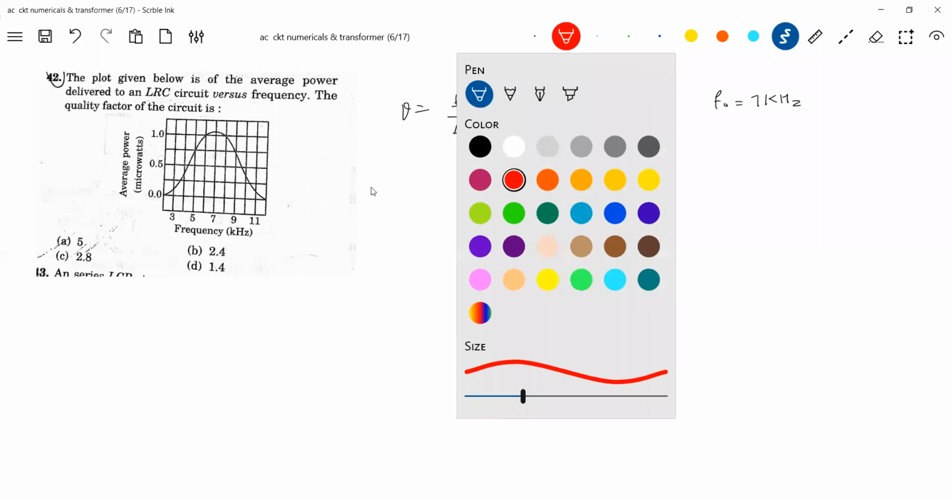So shall we go for the curve somewhere here? I'll drop a line like this, then it will cut at specific points. So what is the bandwidth here? This part will be the bandwidth, the horizontal distance.